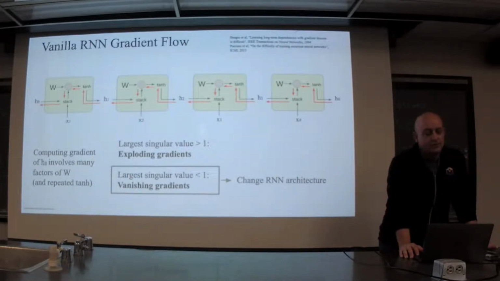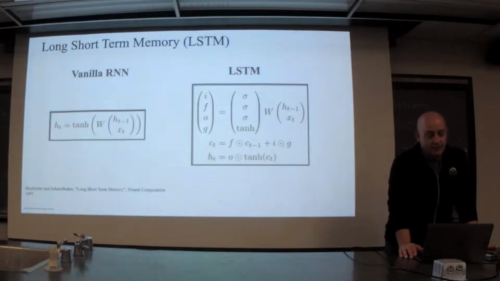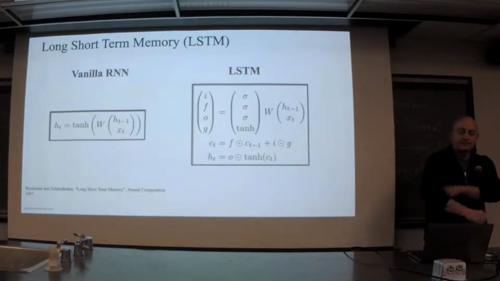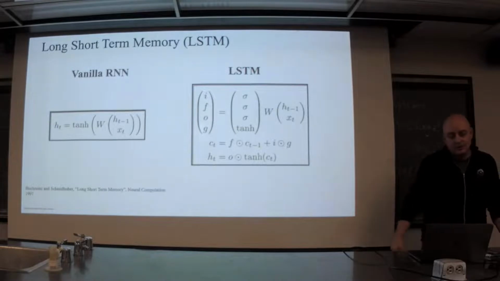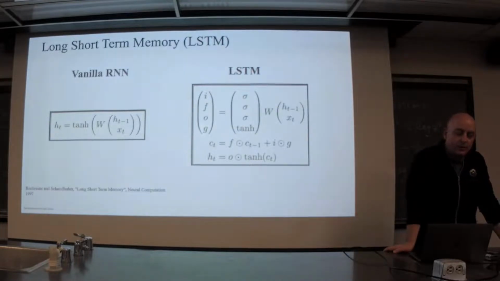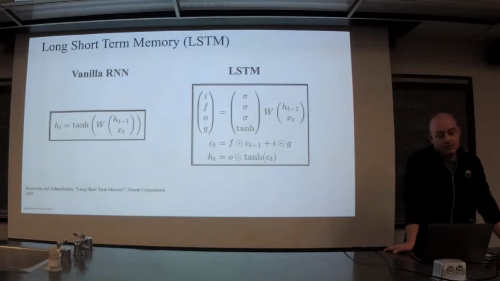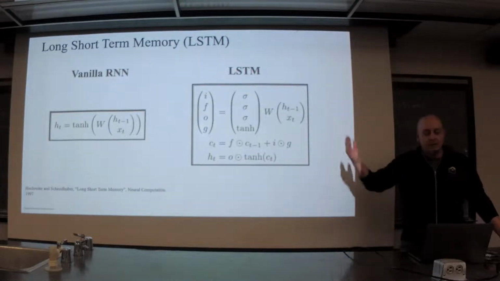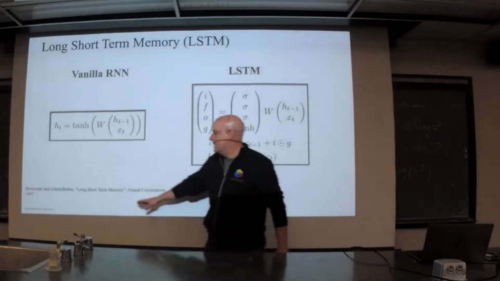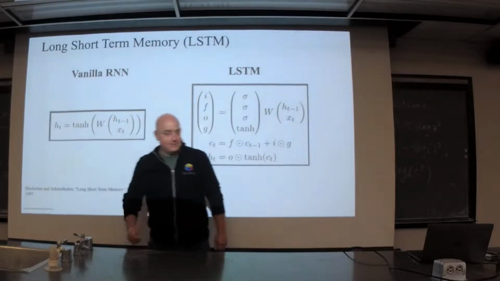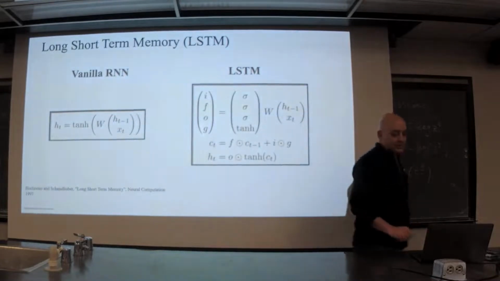Well, there are a lot of proposals for how to change this, but the one that has really stuck, the architecture that people use for really robust recurrent neural networks, is something called the long short-term memory, or just LSTM. Importantly, this was actually proposed a long time ago, 1997. So way before the deep learning revolution.